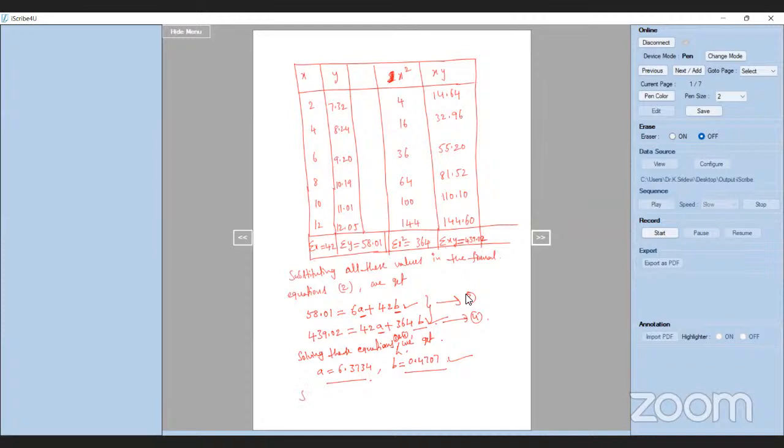Now, substituting the values of a and b in equation 1, we get y is equal to 6.3734 plus 0.4707x. This is the required least square approximation.